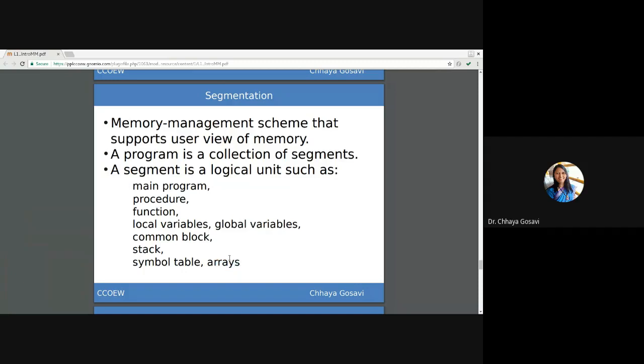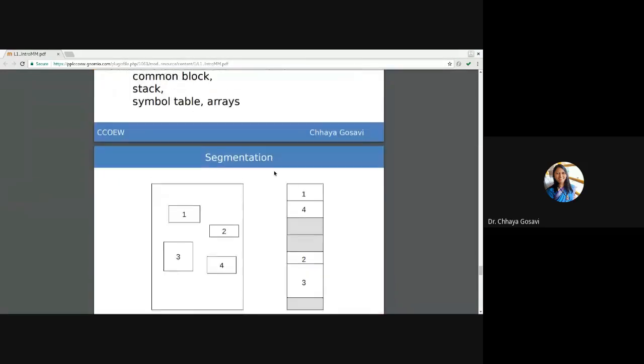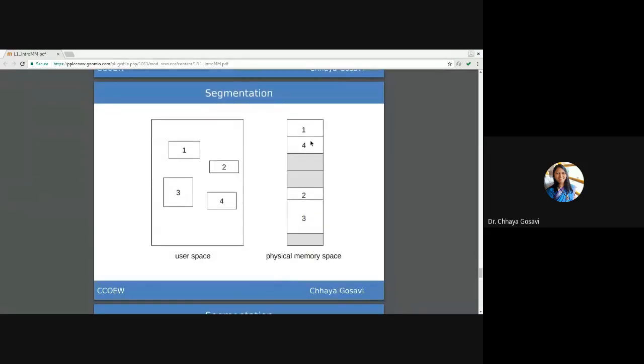A segment is any part of a program which you want to load at one time in main memory. Even physical memory is not divided into frames. Physical memory can be of variable size, as we have seen in contiguous allocation, any size blocks or holes. And the user space, that is the process, can be divided into different size units, which are called segments. These segments are loaded in memory.